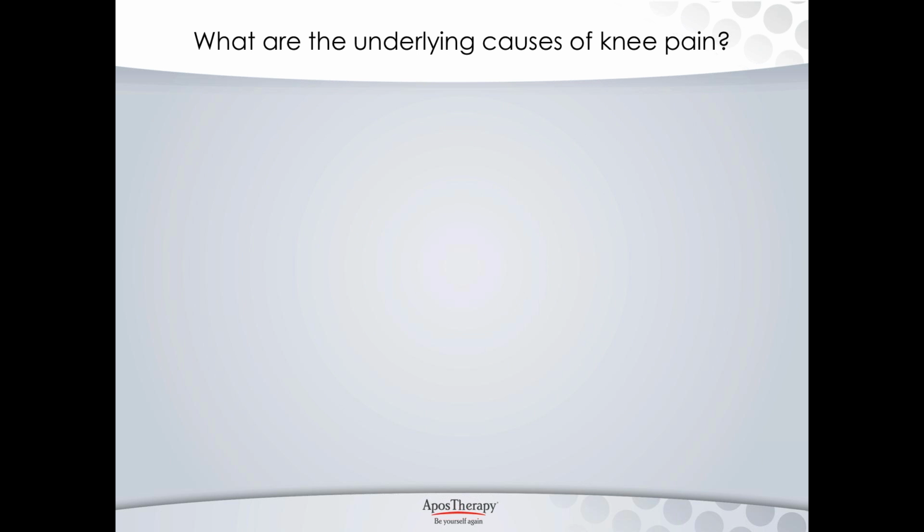Okay, so now we'll go on to talk about the underlying causes of knee pain. We've already touched on it briefly. Joint changes, so the changes of the joint surfaces that meet, say, on top of the shin bone and the bottom of the thigh bone. People talk about wear and tear or osteoarthritis, and the meniscus, the two shock absorbers in the middle of the knee that stop the joints rubbing on each other.